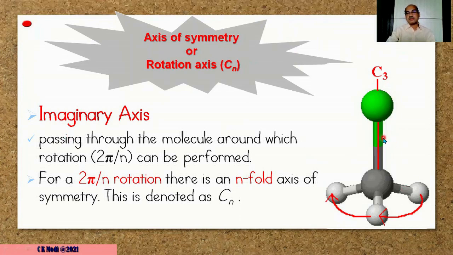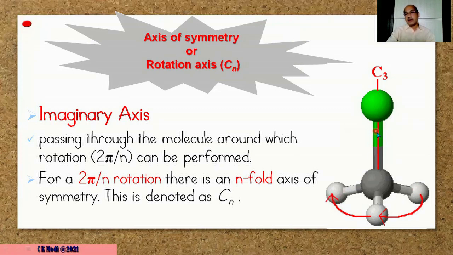Look at this image, where this imaginary axis passes through the center of that molecule, around which the rotation can be performed. So if I perform the rotation about that imaginary axis by a particular degree, and after that rotation I get the equivalent structure after performing these cyclic operations.